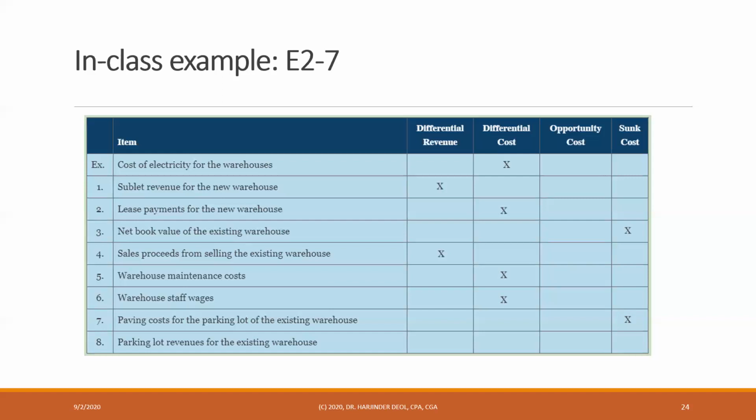If we sell it, we will not be able to rent out parking space there. If you're not able to rent out parking space, the revenues will disappear. So it will be the benefit that we'll be foregoing or giving up should we choose to move to the new warehouse. So that represents an opportunity cost.